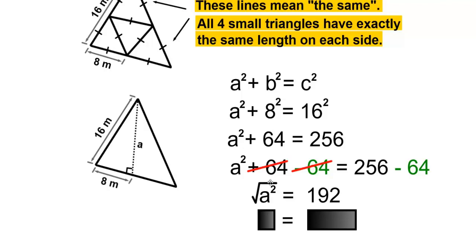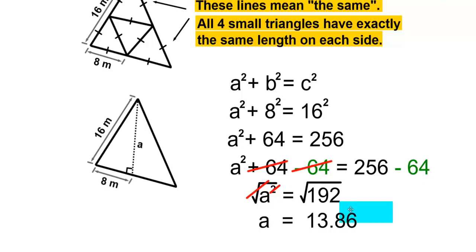To isolate the a, we'll do the opposite of squaring a, which is getting the square root. Therefore, we have to get the square root of 192 as well. The squared and the square root will cancel, leaving us with a, and the square root of 192 to the nearest hundredth will be 13.86. So the height of this triangle is 13.86 meters.